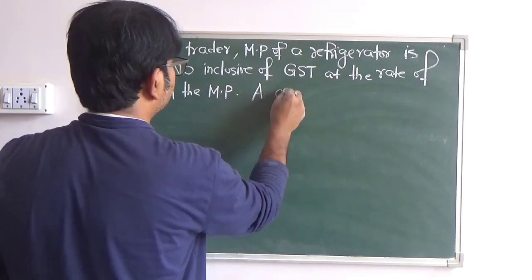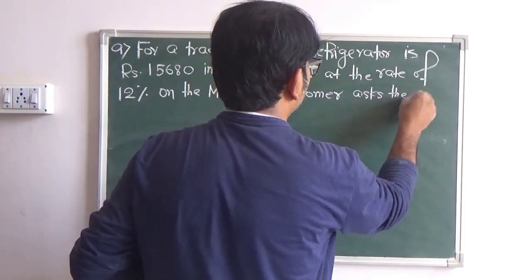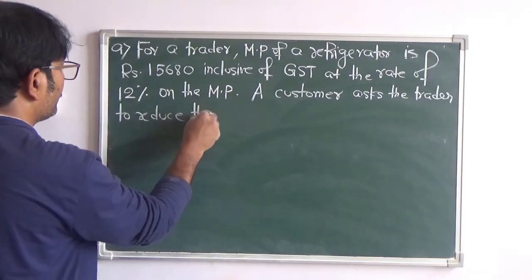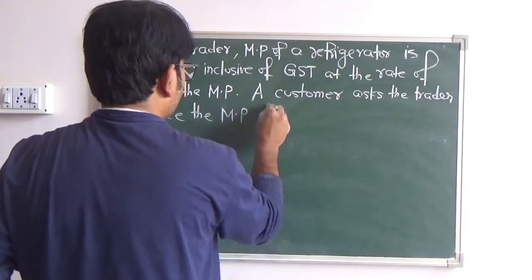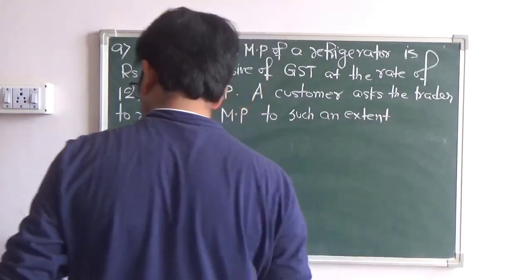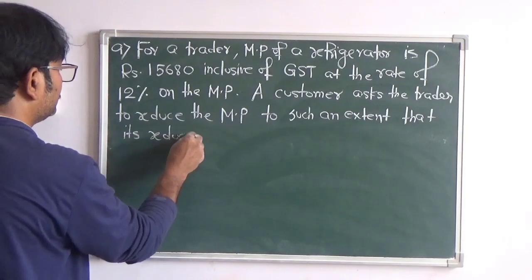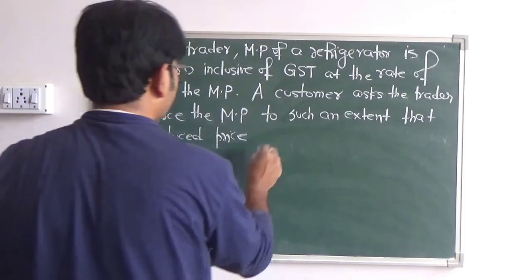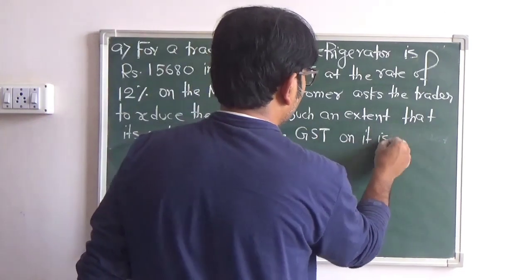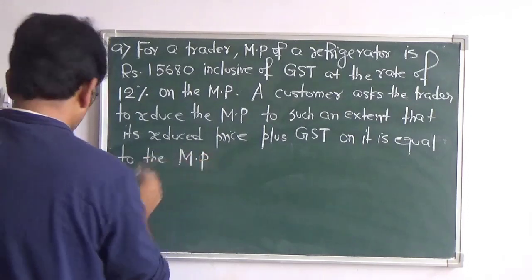A customer asks the trader to reduce the market price to such an extent that its reduced price plus GST on it is equal to the mark price of the refrigerator.